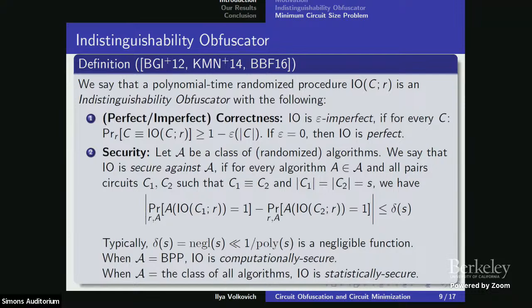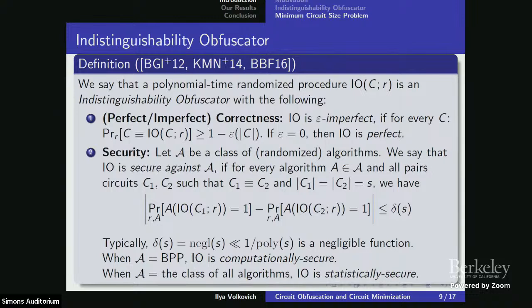The reason I want to talk about security for a class is because we're actually going to look at something in between, between BPP and everything. Questions about the definitions? What you should be thinking about when I say imperfect and secure is that in the extreme case, the usual thing is epsilon and delta being negligible, but you can still think about them being constant. There is a trade-off which I'm going to mention. Think about epsilon being small, and delta being small is still going to work.